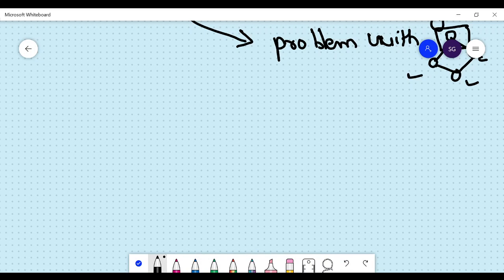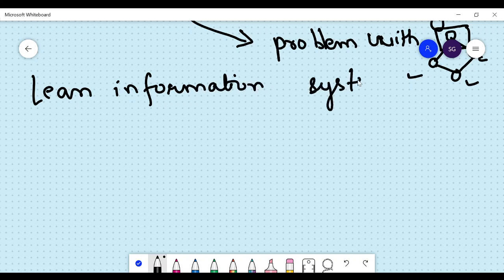Next we have lean info system. Firstly, what is lean information?